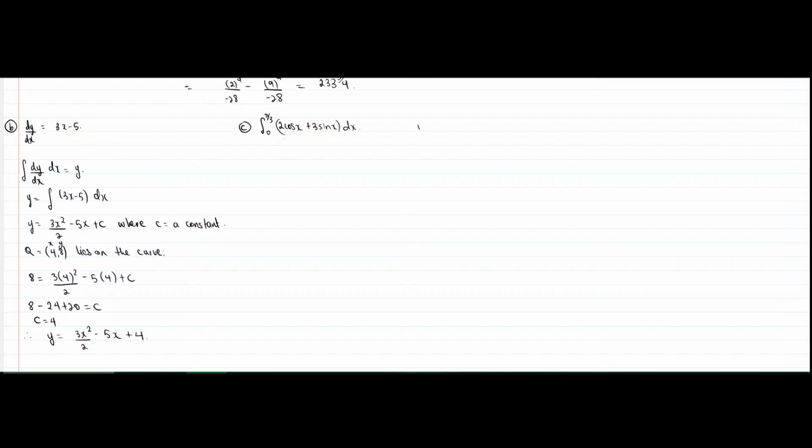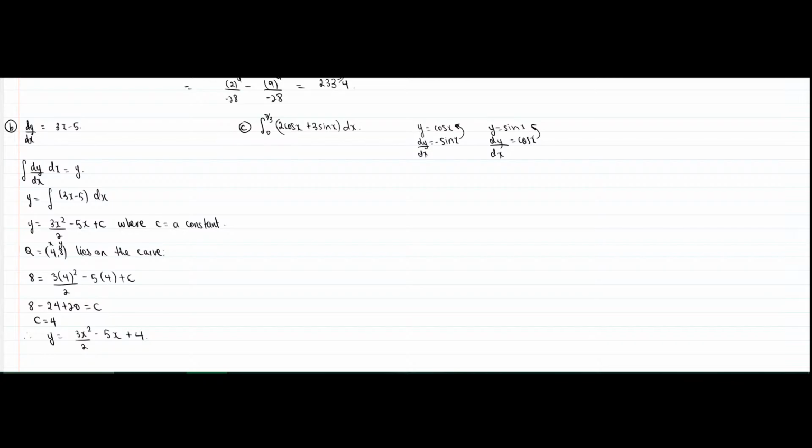I like to write this down here. If y is equal to cosine x, then dy/dx is minus sine x. If y is equal to sine x, dy/dx is cosine x. So when I integrate sine x, I get negative cos x.